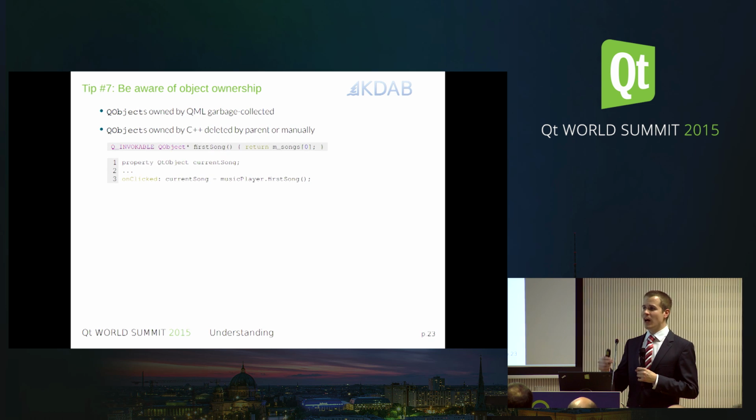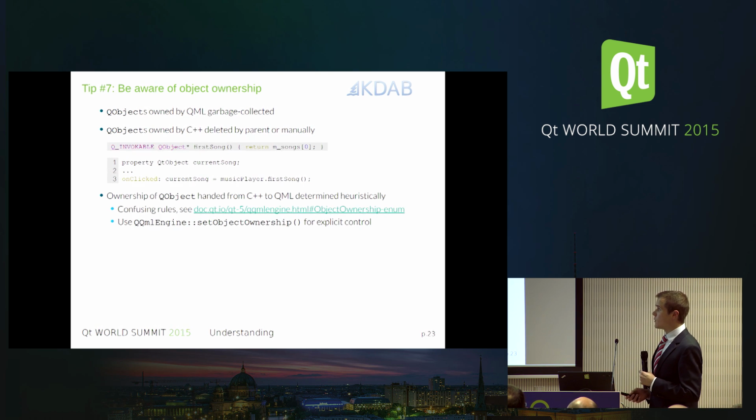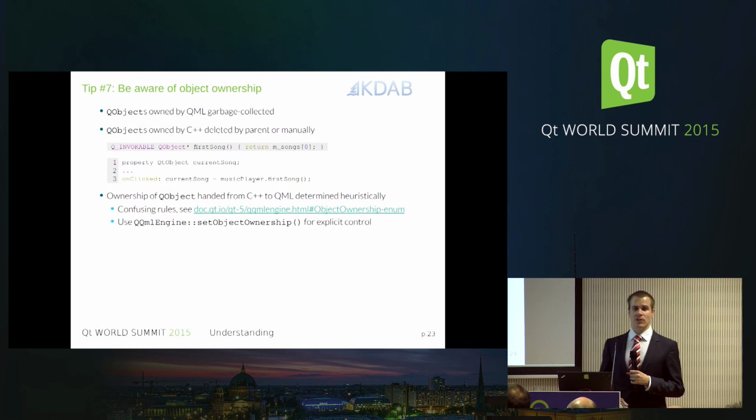So when you hand out QObjects from C++ to QML, you should be careful, because QML in some circumstances assumes ownership. Fortunately, this is documented. If you look at the object ownership enum in the documentation, the rules are a bit confusing about when QML takes ownership and when not.